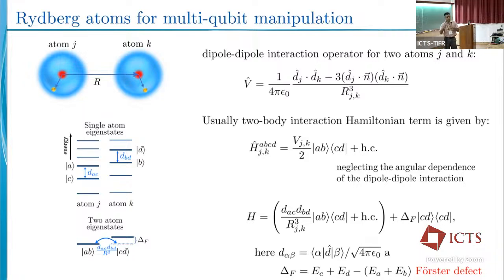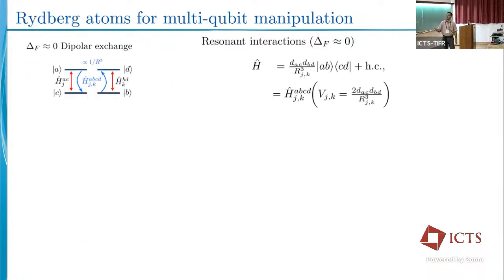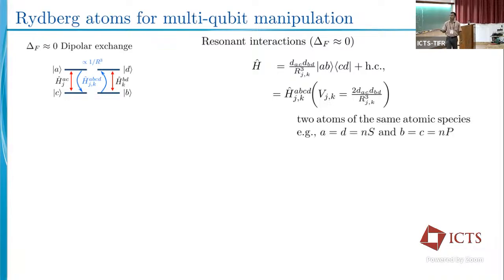In fact, when we solve this Hamiltonian, the eigenenergies and eigenvalues come, and when you get the eigenfunctions, this comes together automatically. Same thing I am showing here. This is the Hamiltonian, simplified as A, B, C, D, J, K, but the interaction is between the upper two Rydberg states. As I said, we are taking the same species, so A and D are NS, and B and C are NP.